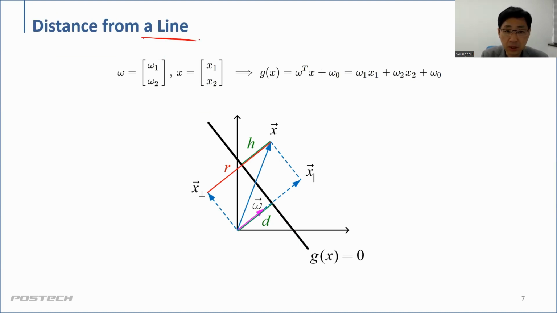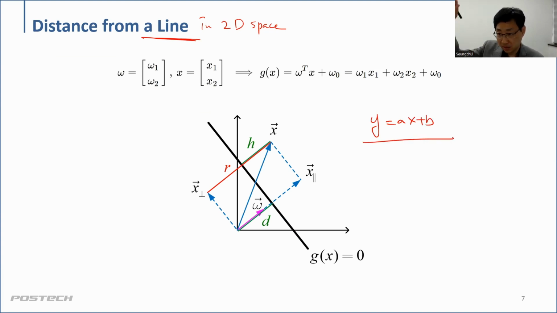Everything now is in 2D space for simplicity. In 2D space, this is the common equation to represent a line. We know that A is the slope, B is the intersection with the Y axis.